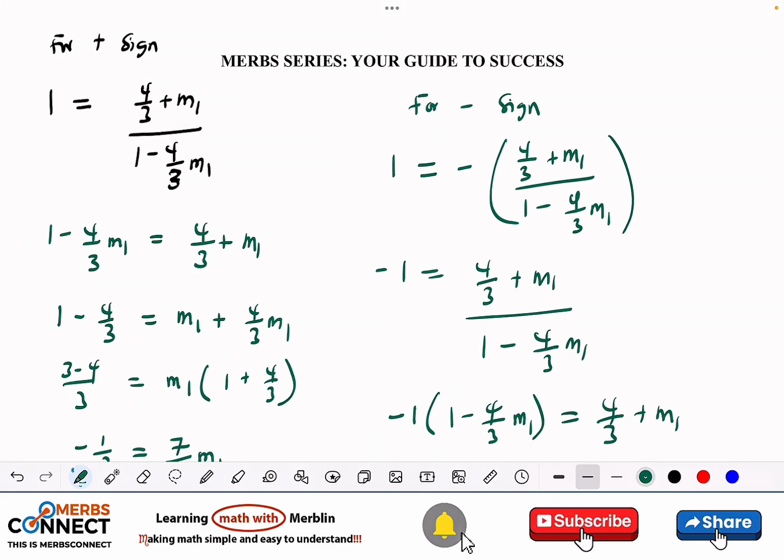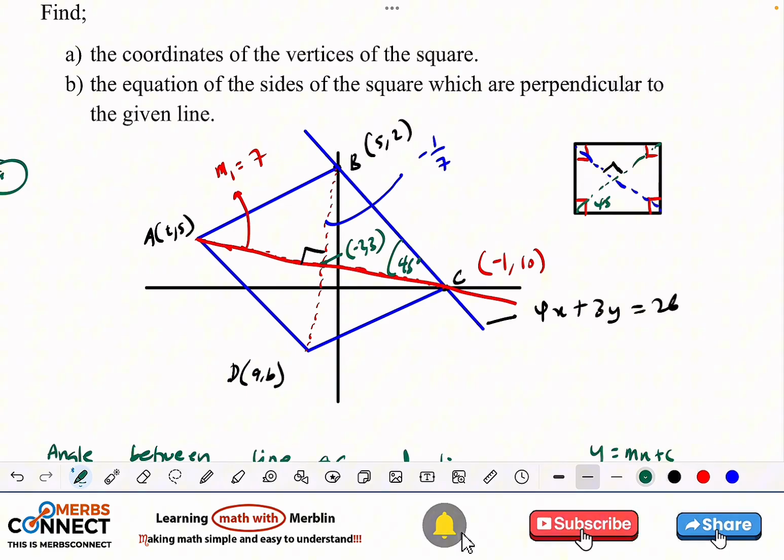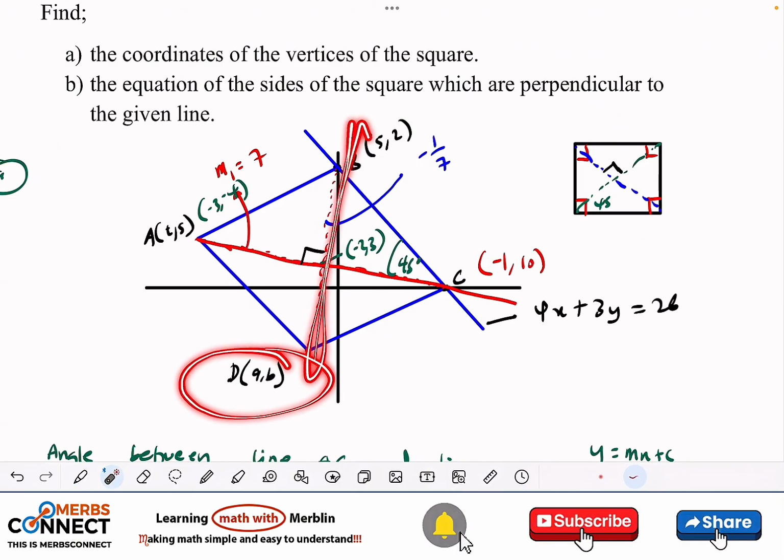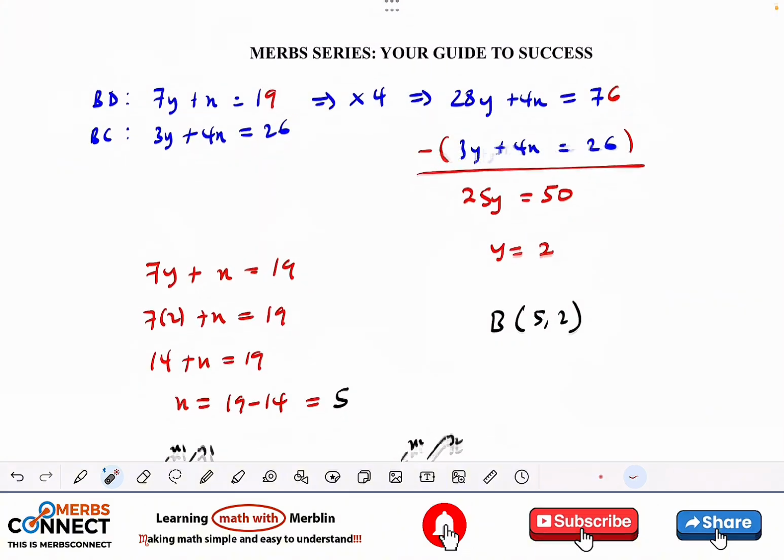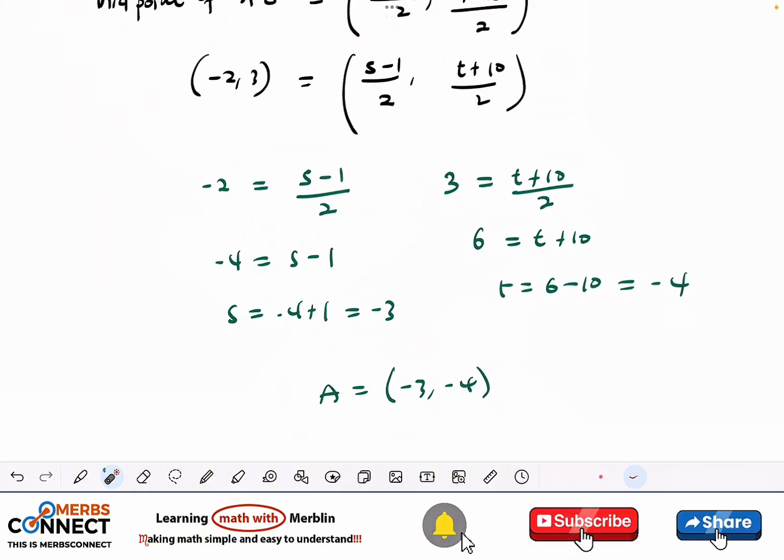So now we've gotten A to be minus 3, minus 4, right? It's left with the last one, which is D, using the midpoint approach again to find that one too.